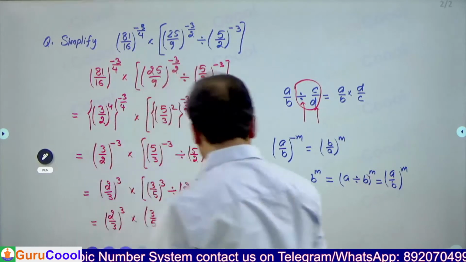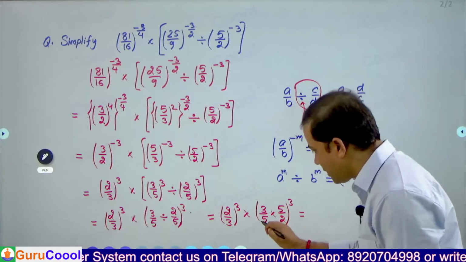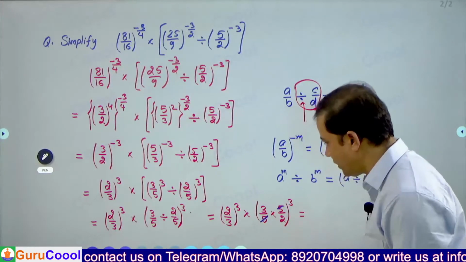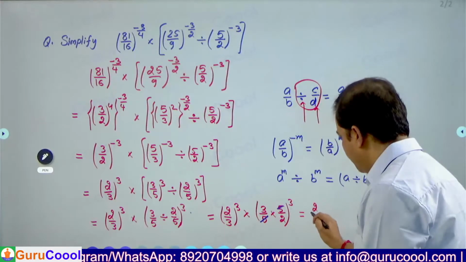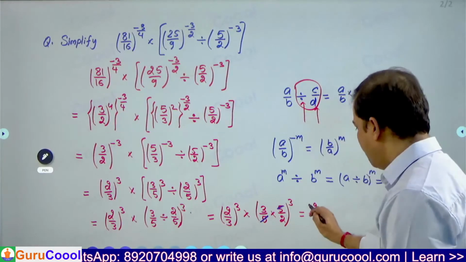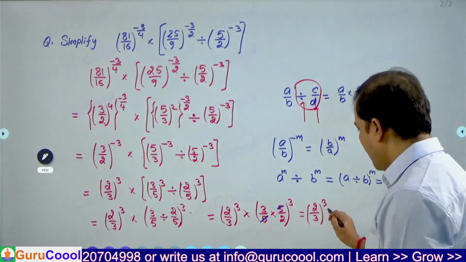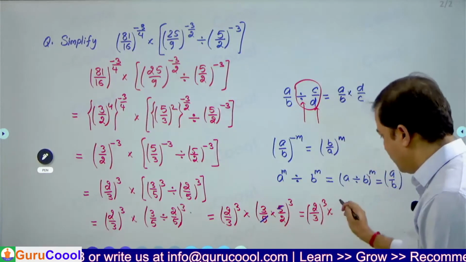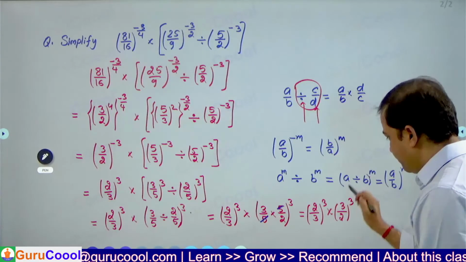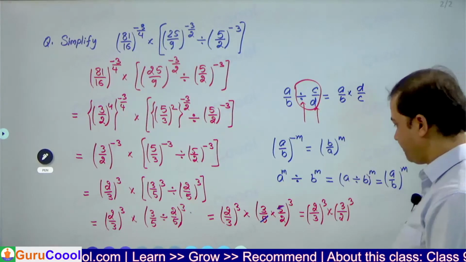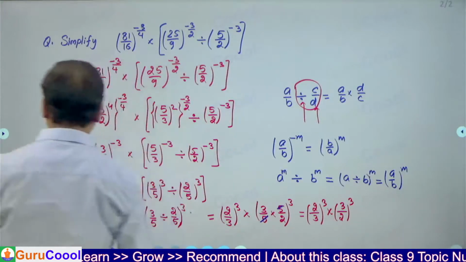Now notice 5 is getting cancelled. So what we have is 2 by 3 with power 3 times 3 by 2 with power 3. Is that okay? Yes.